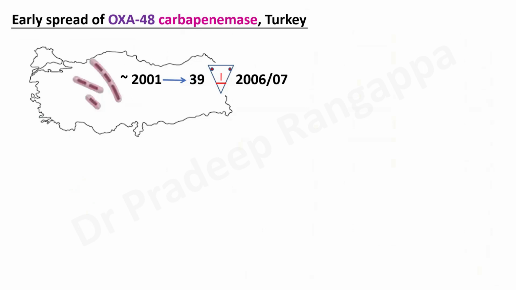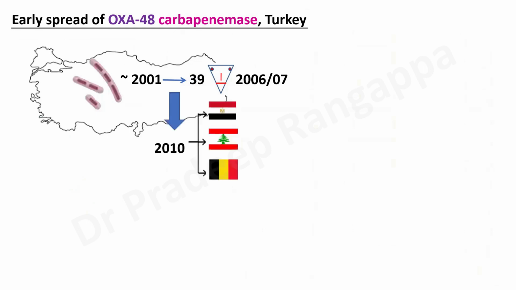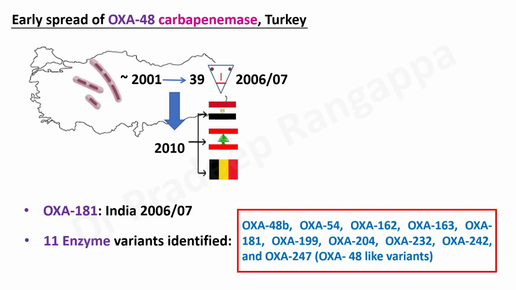This was first identified from Turkey in 2001 from Klebsiella, where 39 patients were found to have been producing this OXA48 enzyme in 2006 to 7. Later, it spread to all these Middle Eastern countries, Libya, Egypt, and Lebanon, and Belgium in 2010. In India, OXA181 was identified in 2006 and 7. After that, I think 11 enzyme variants have been identified.